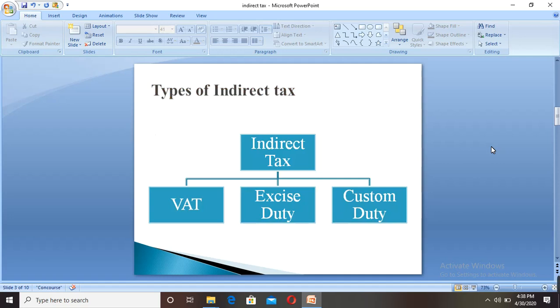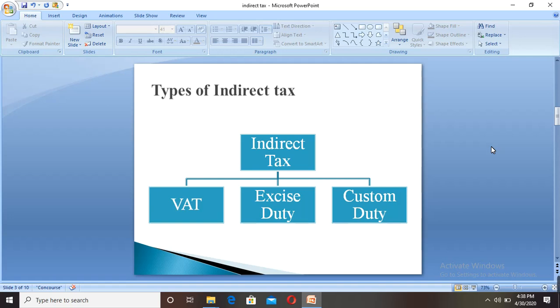Let me see the next slide, and it is of types of indirect tax: VAT, excise duty, and custom duty. VAT, excise duty, and custom duty are definitely very difficult terminologies to be understood by the students of grade 10 because these terminologies are completely coming under the taxation system, the financial section of our nations.